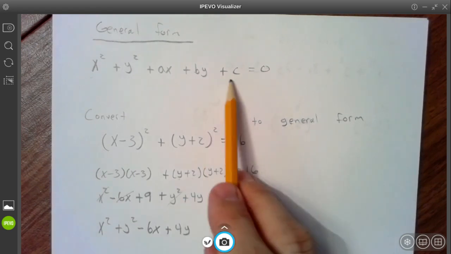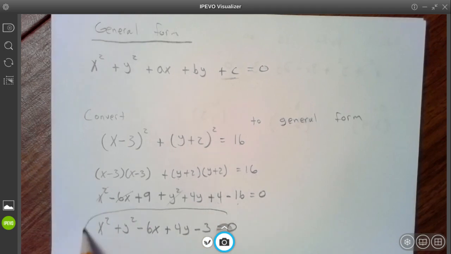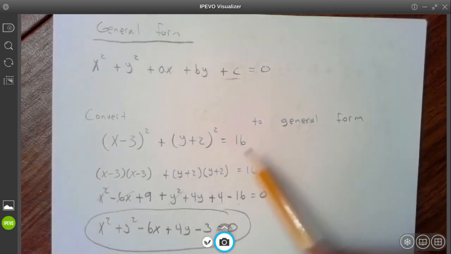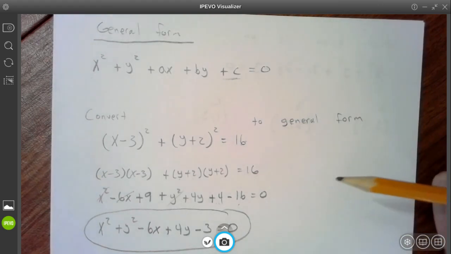Okay. And then this one just needs to be one number. So I need to go ahead and combine the 9, the 4, and the negative 16. That's 13. 13 minus 16 is negative 3. Okay. And that is the equation of that circle in general form.